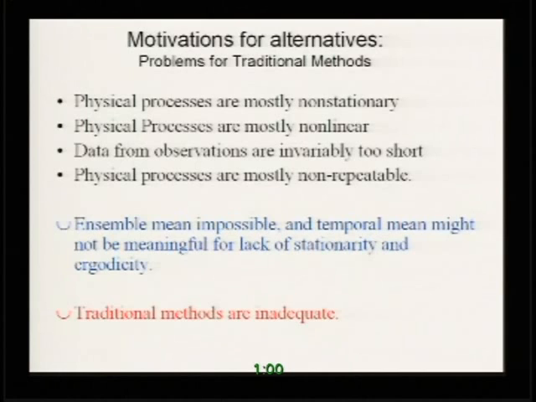So the ergodicity assumption is out. A lot of the methods that the mathematicians told us were not useless, but at least not usable. So under this condition, we have to find something new.